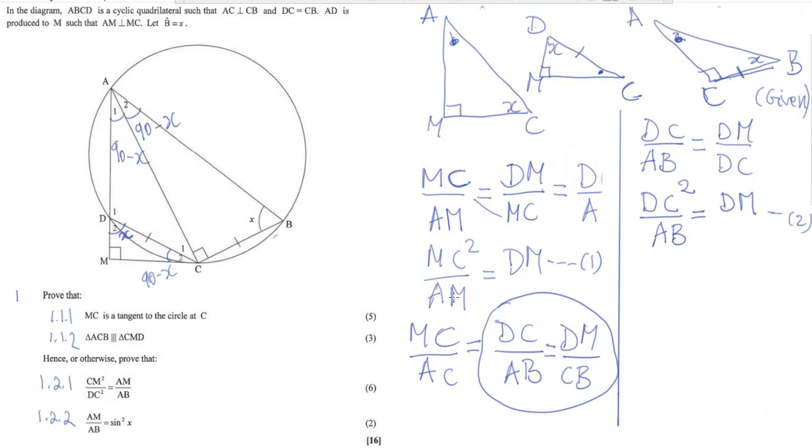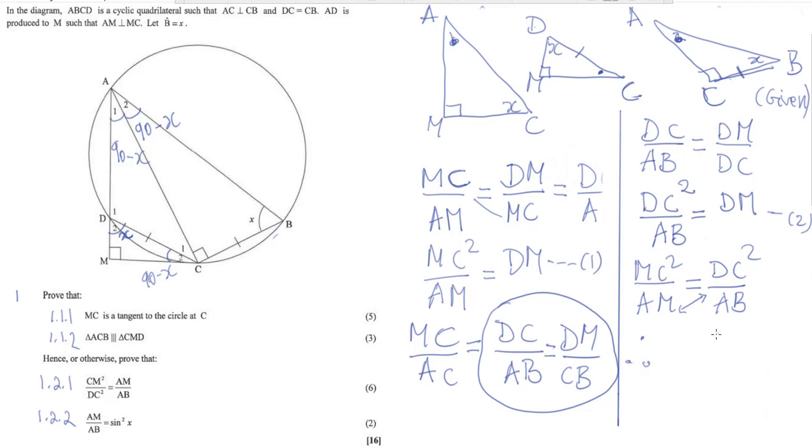So if you equate these two, can you see? We'll have MC squared over AM equal to DC squared over AB. So now let's cross multiply these two.